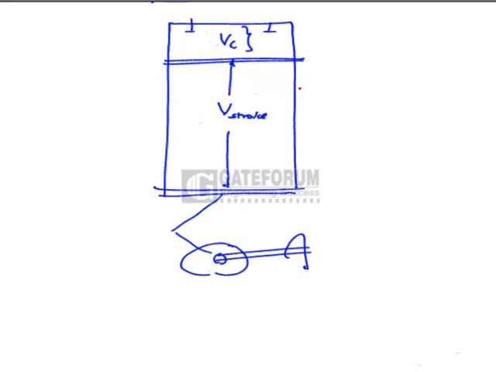The entire stroke volume, which is pi by 4 d square L, where d is the bore diameter and L is the stroke length, cannot be used to draw the air in the case of a diesel engine, or air fuel mixture in the case of a petrol engine, during the suction stroke, because there are certain inherent losses.